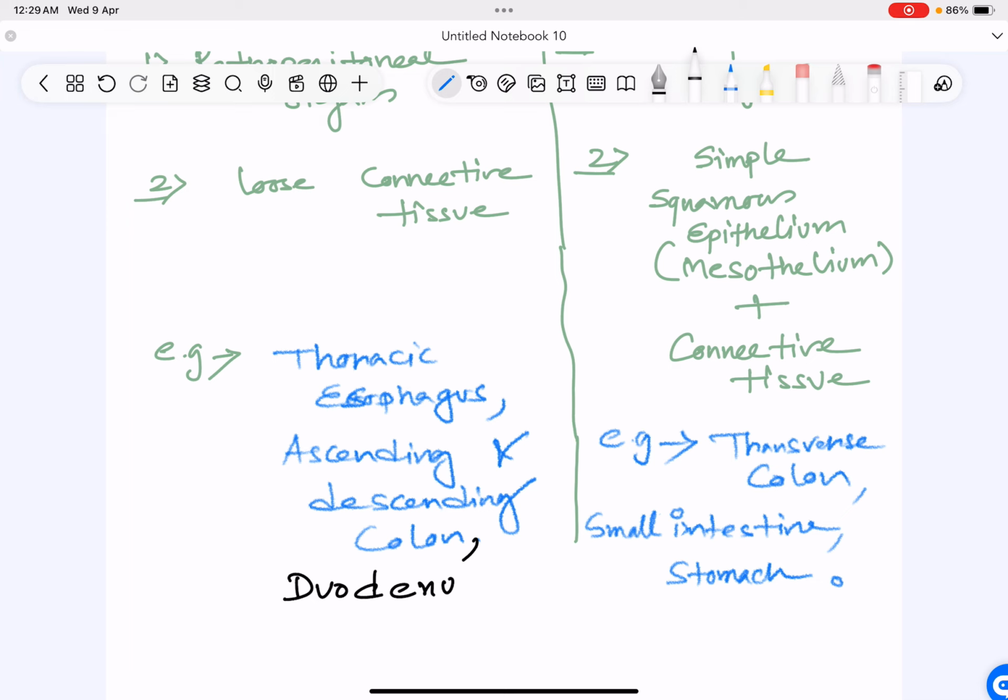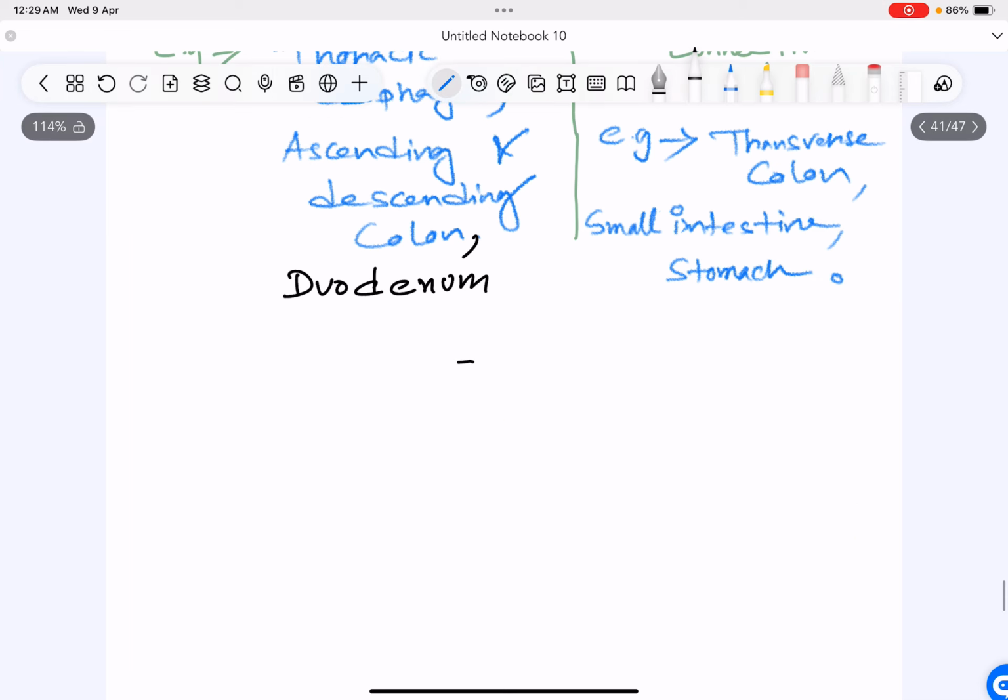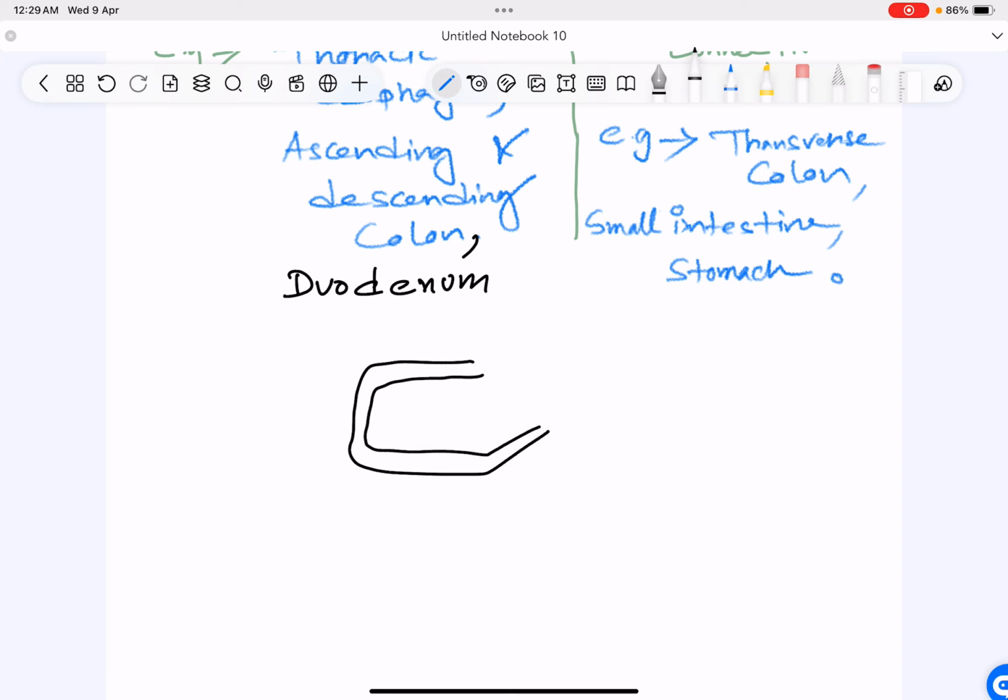The duodenum is also a retroperitoneal organ, because if you see the duodenum, it is like this. Only the first 2 centimeters of the superior duodenum is intraperitoneal. That is the part which is in continuation with the stomach, because the stomach is intraperitoneal.